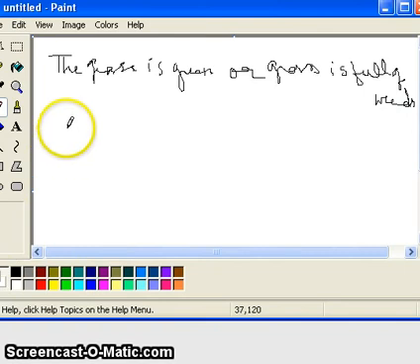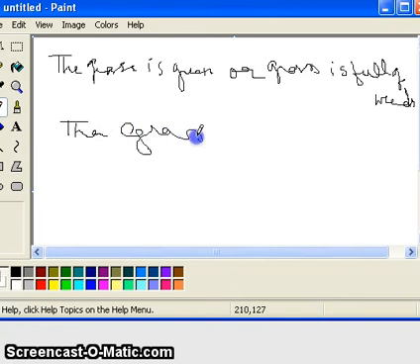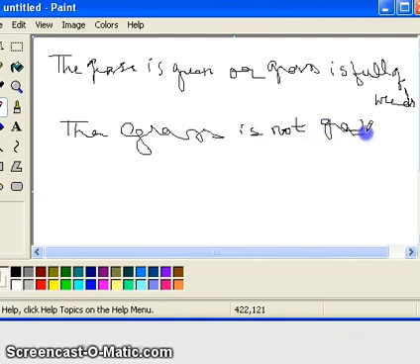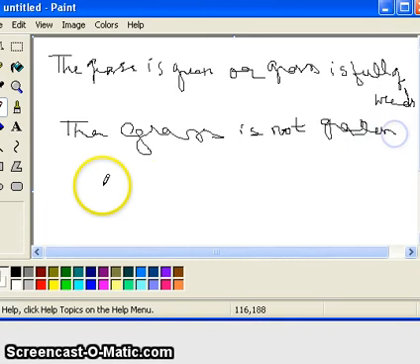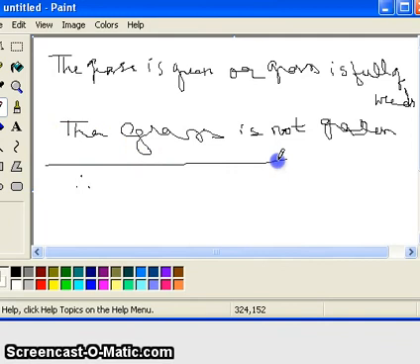And the second premise is that the grass is not green. And therefore, the grass is full of weed.